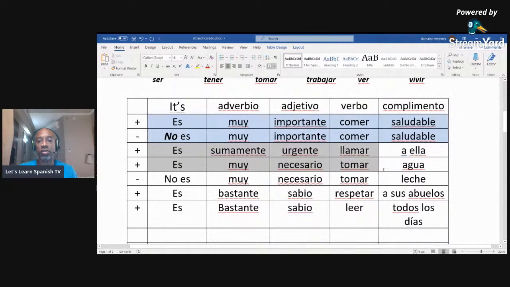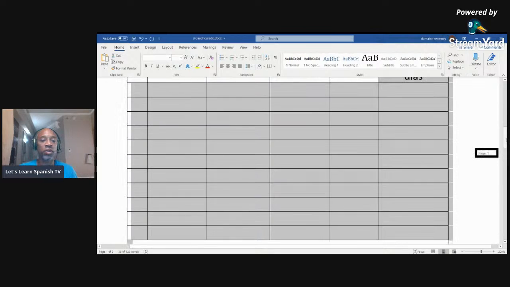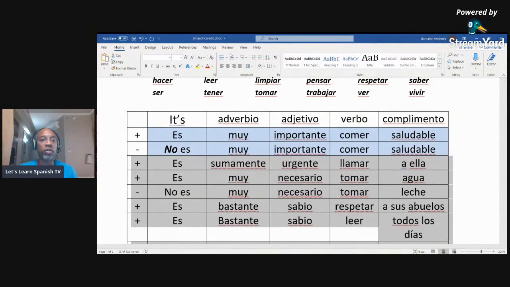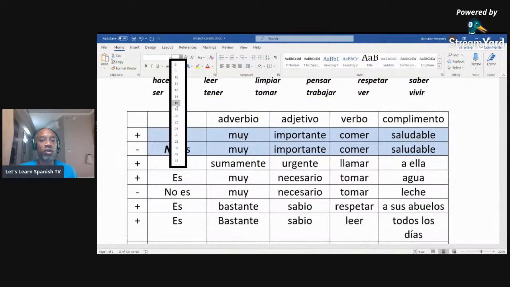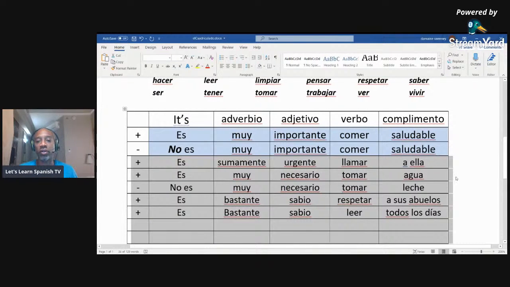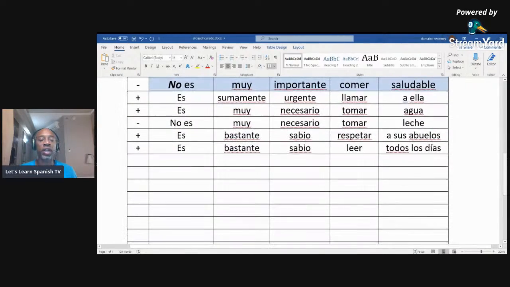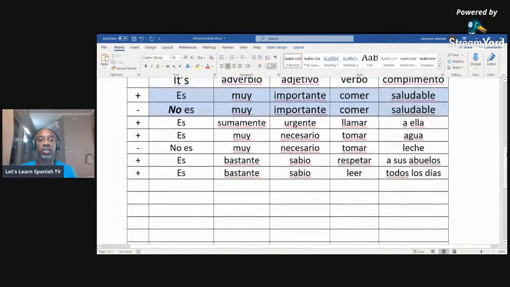Let's make this a little bit smaller, and this one I'm just going to set word count there. There we go. Do it like that. So there we have it. Es bastante, like I said, automatic correction. Not my fault. Es bastante sabio leer todos los días.